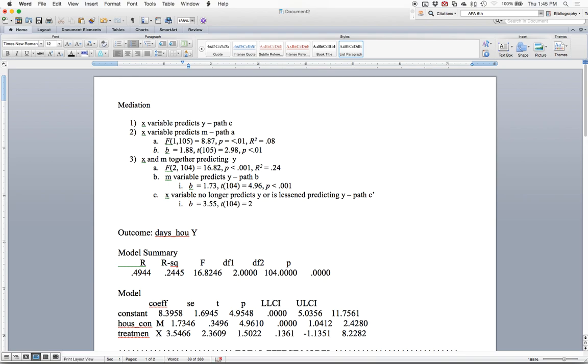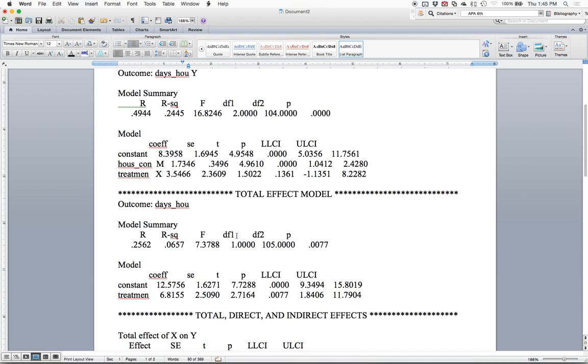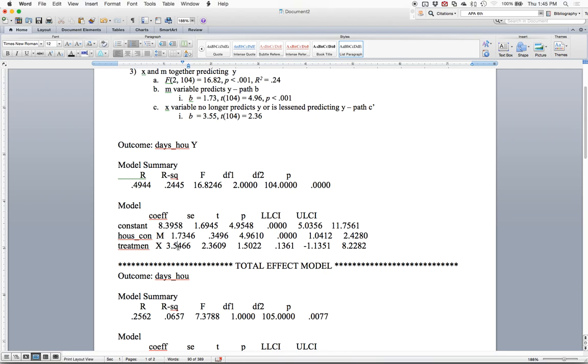Still, it's 2.36. No, I'm sorry, that's standard error. Got a line off. Oops. So B standard error here, it's 1.50. And then P is equal to 0.14. So it's actually non-significant. Well, that's good for us. That actually follows the path that we would expect.